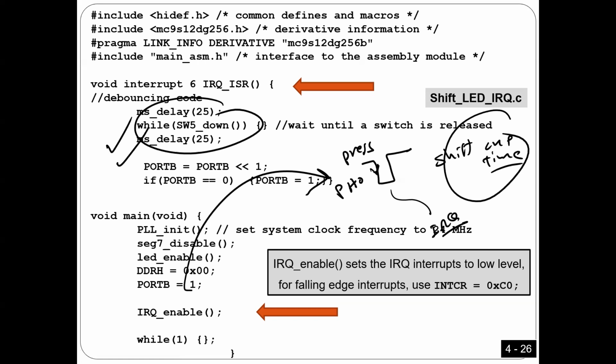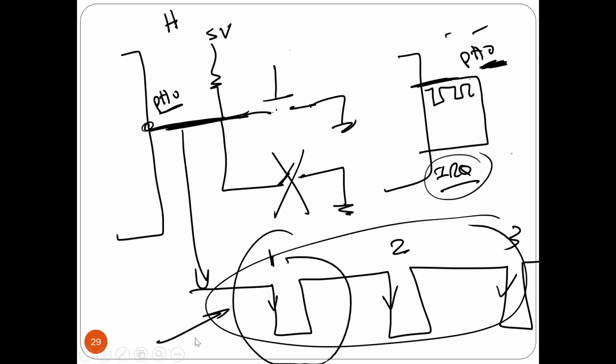However, if you run this program without this code, what's going to happen is every time I press one time, I'm going to see the LED shifted 3 times, 4 times. Why? Simply because when I press one time, I'm going to make 3 or 4 interrupts. Why? I'm going to tell you why. You got what I'm saying? So the reason is, let me clear this one.